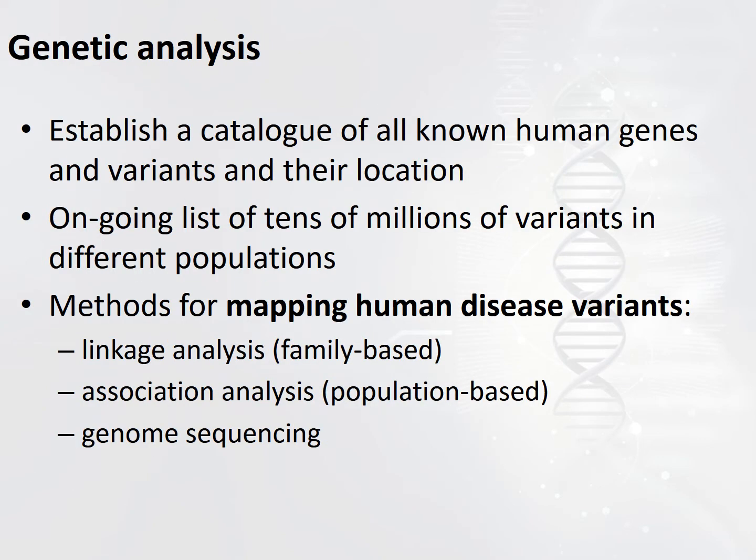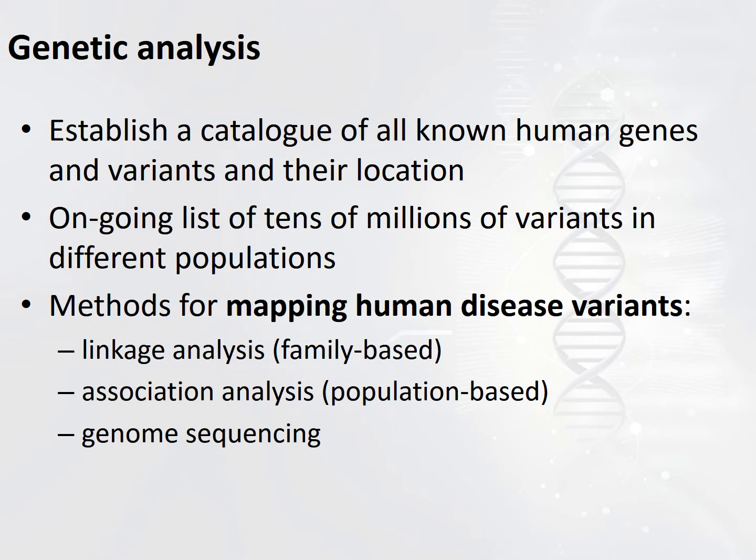So let's see now how genotyping information and data from whole genome sequencing or from whole exome sequencing can be used to determine variants that underlie or contribute to either human diseases or to certain traits. The goal here is to establish a catalog of all the genes with all their functions, their structure, and their location on the chromosome, and to add to the growing list of millions of variants among different individuals in different populations.